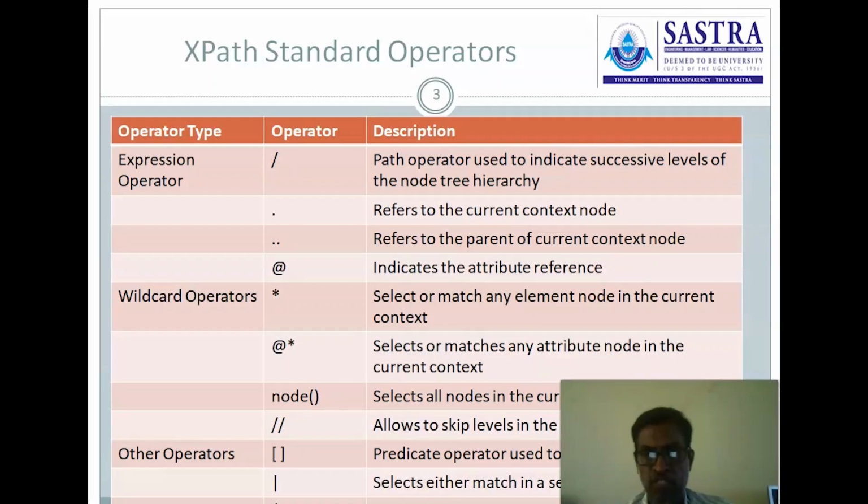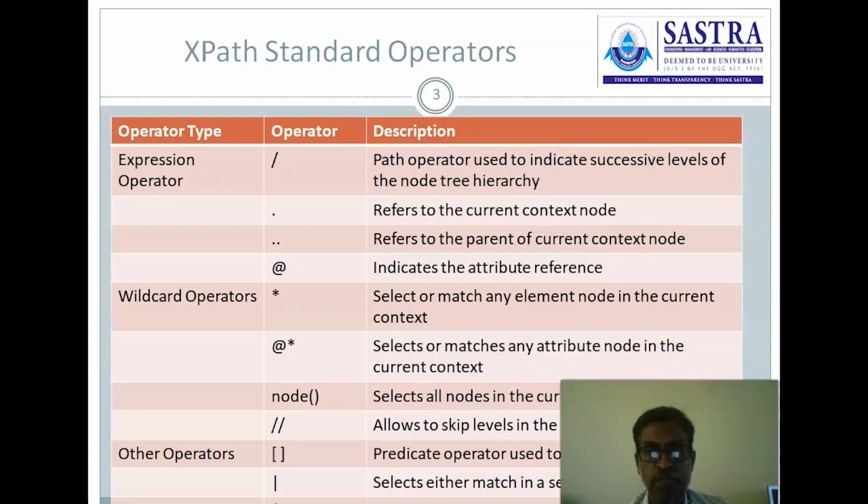Once the node tree is constructed, in order to traverse from the root node to the last node, we need a separator, the path indicator, which separates the other levels from the current context. And then dot refers to the current context node.